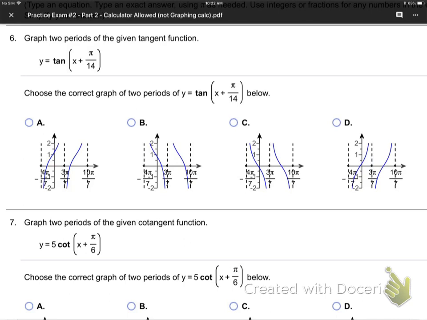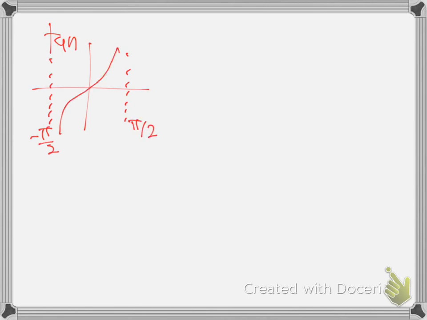So, okay, how do we do it? What do we do to graph this tangent one? Did you catch the game plan over there? Let me write out the game plan here one more time so it's on the YouTube videos as well. Tangent always goes between, originally anyway, negative pi over 2 and pi over 2, and he does a snake going up between those.